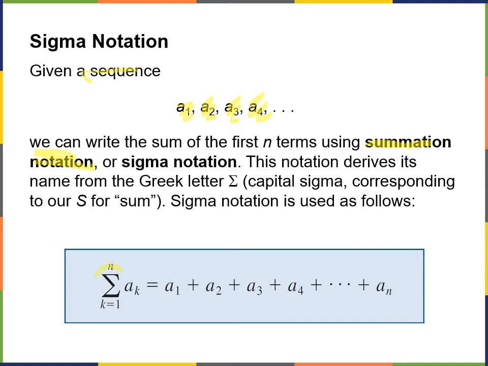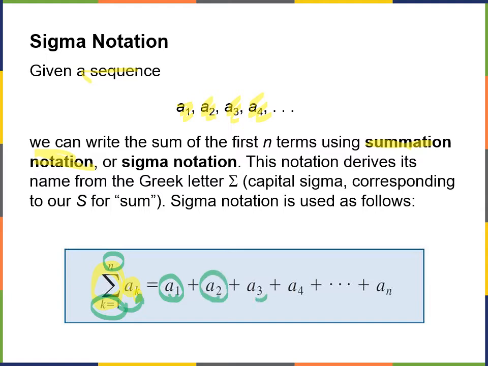If we put this symbol right here, this is your sigma symbol, that tells us we're going to add a bunch of terms together. And what this is saying is we're going to add a bunch of A's together, A sub K, where K goes from 1 to, say, N. So if I let K equal 1, I would get A sub 1. If I let K equal 2, I would get A sub 2.